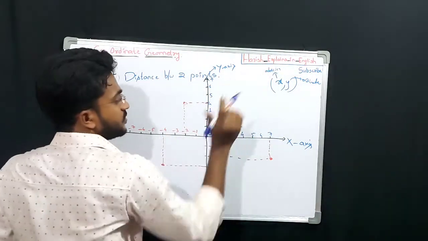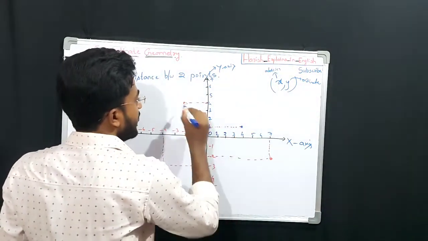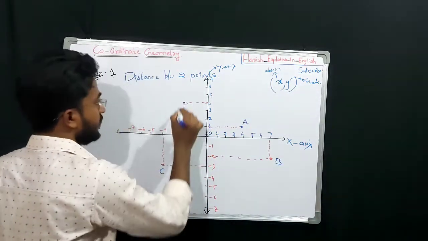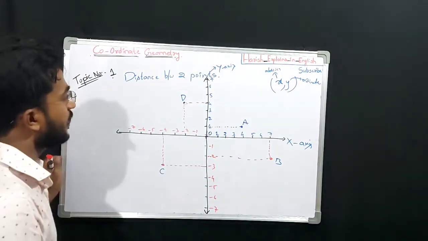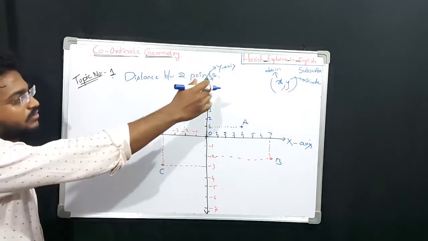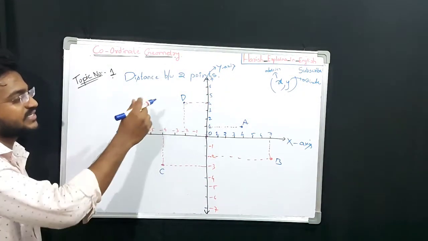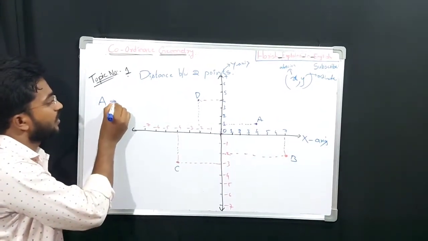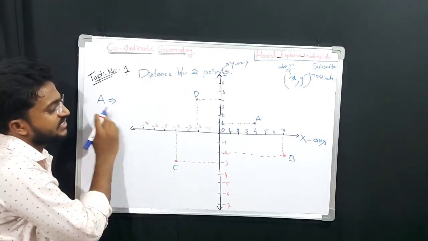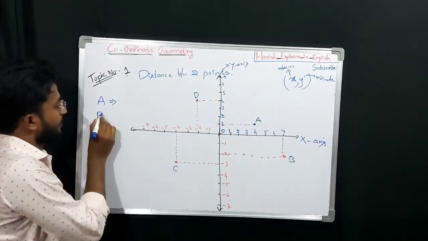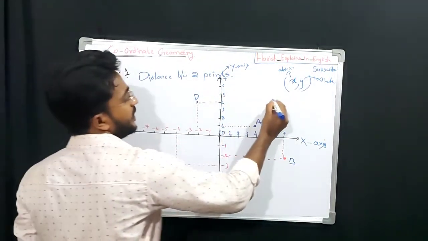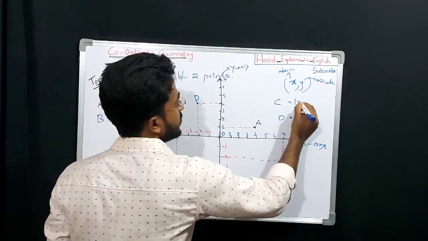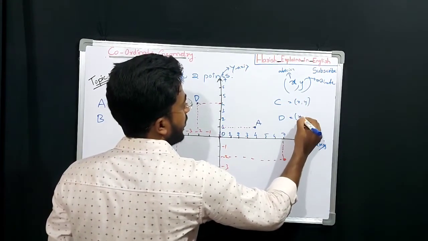So let us name these points A, B, C, D. Let me find the x and y coordinates for all of A, B, C, D. What are the vertices of A, B, C, D? x comma y values.